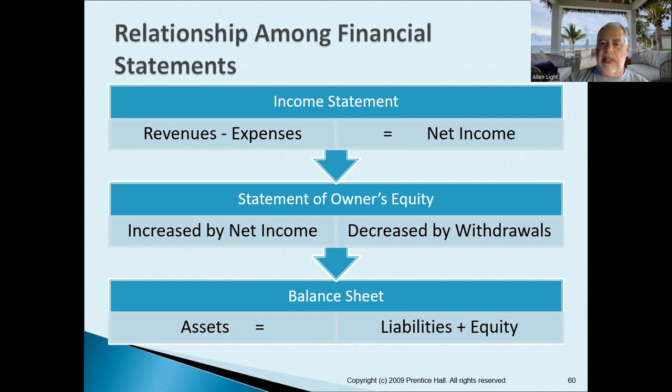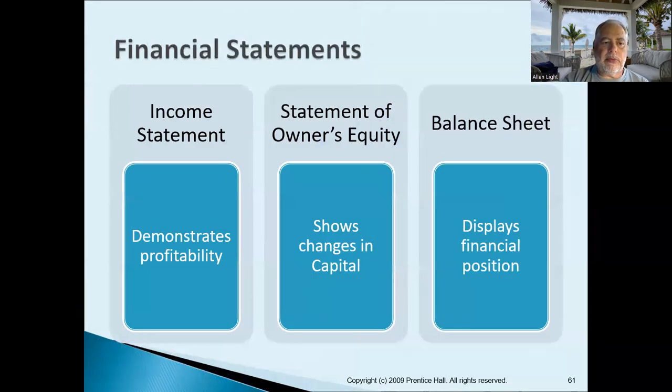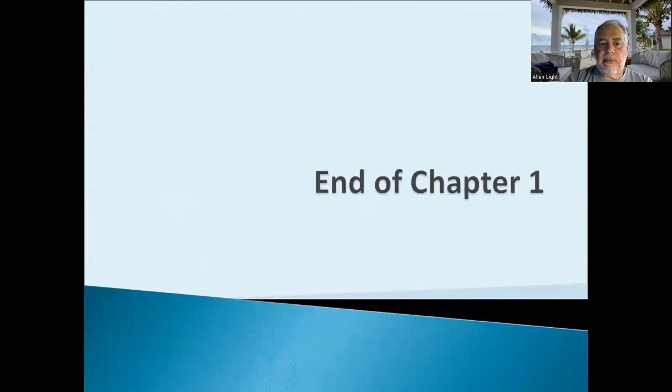So you can see there's a relationship there and why they have to be done in order. Income statement demonstrates profitability. Statement of owner's equity shows the changes in capital. And the balance sheet shows financial position. And that is the end of chapter 1.